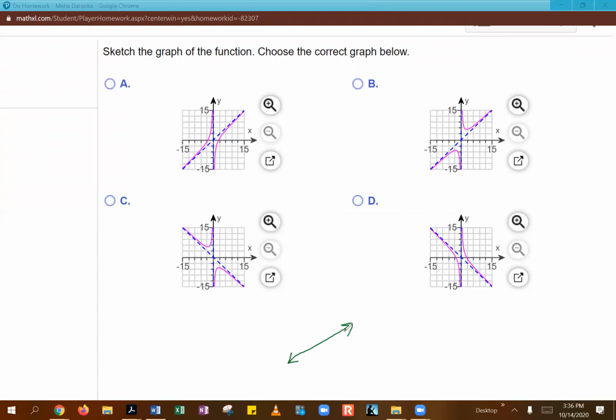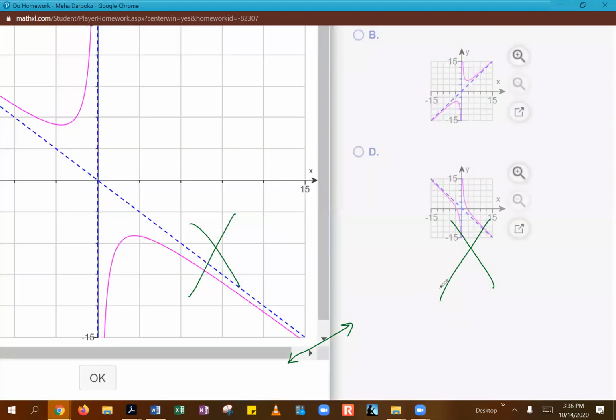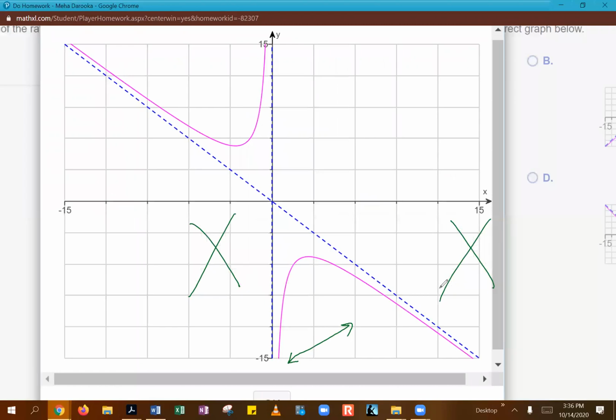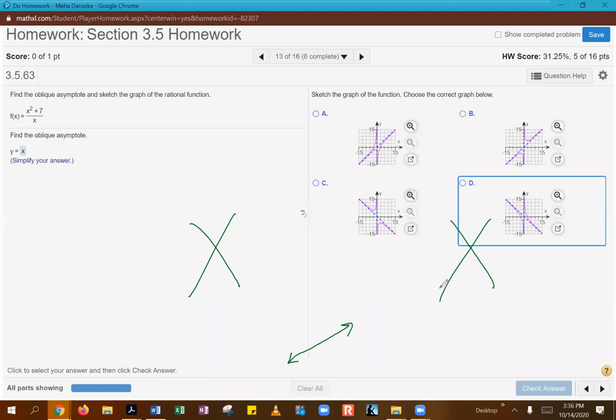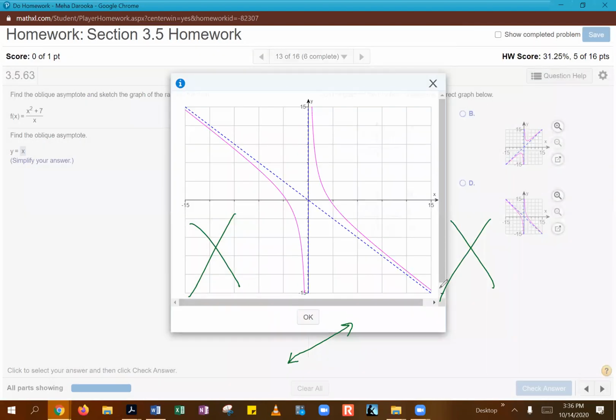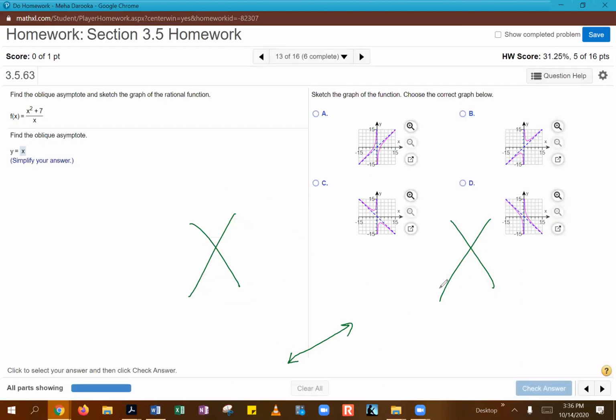So we know that line has to be going upward. So very nice. It will be a graph between A or B, but we know for sure C and D are not going to work because both of these graphs have a negative slope on that oblique asymptote. So we know those graphs are definitely not going to work in this case. So C and D are out.